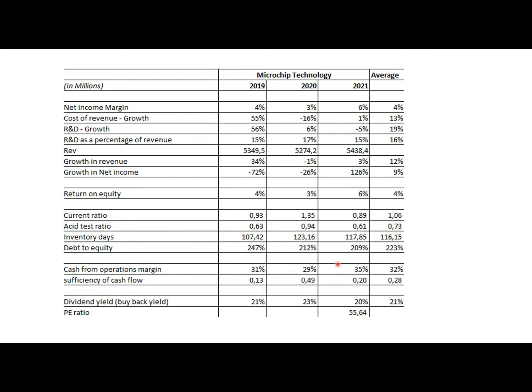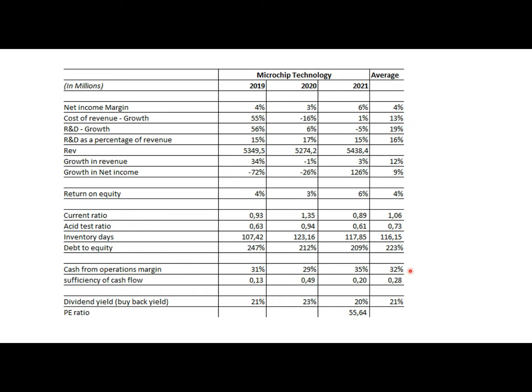On average, for each dollar of revenue Microchip generates, it is able to convert 35 cents, or about 35% of all revenue made, into cash. The industry average is about 32%, and Microchip has performed pretty much in line with that. A good cash from operations margin, in line with the industry average. That is satisfying.